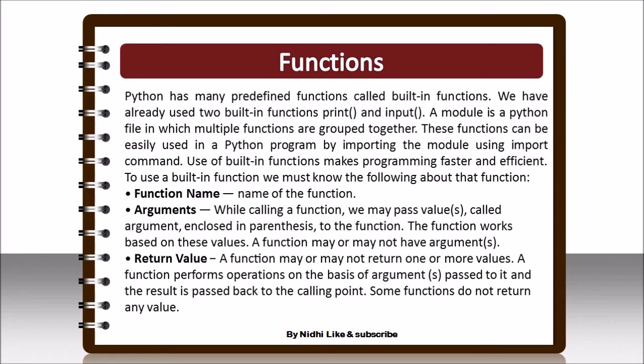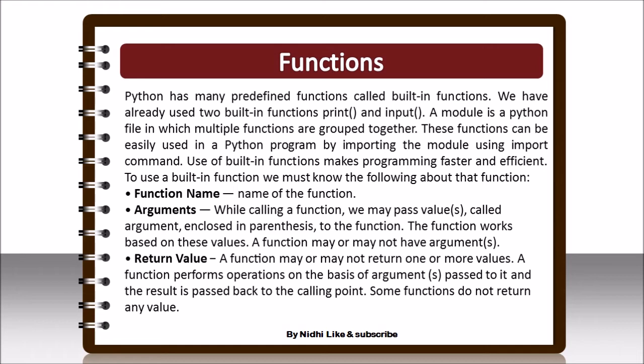The function works based on these values. A function may or may not have arguments. We can directly write print brackets, and within the brackets write whatever message we want to display, and a variable also. That depends on the programmer.